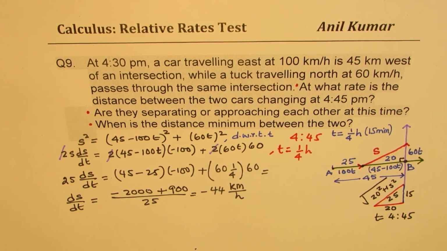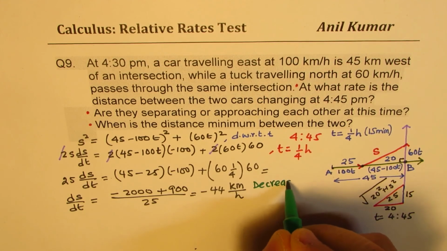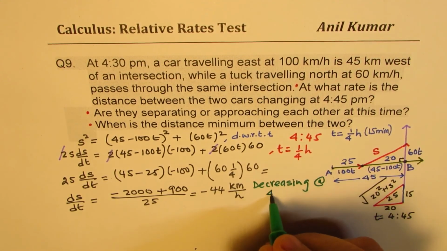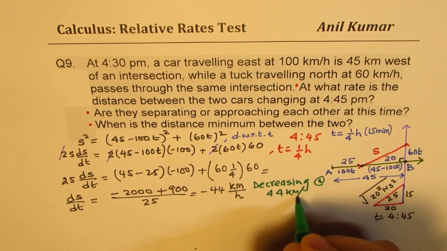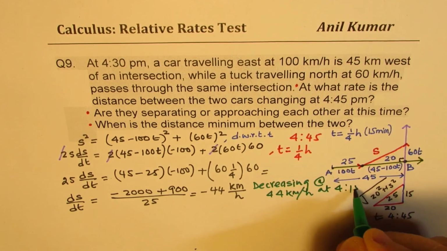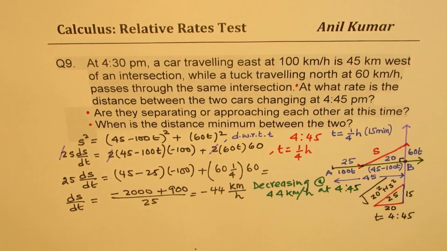Negative means that the distance between the two is decreasing. So we can write here, it is decreasing at the rate of 44 kilometers per hour at 4:45. Okay, so that is what we came up with.